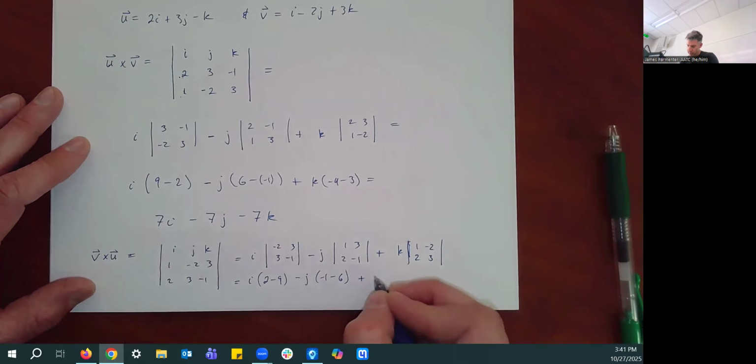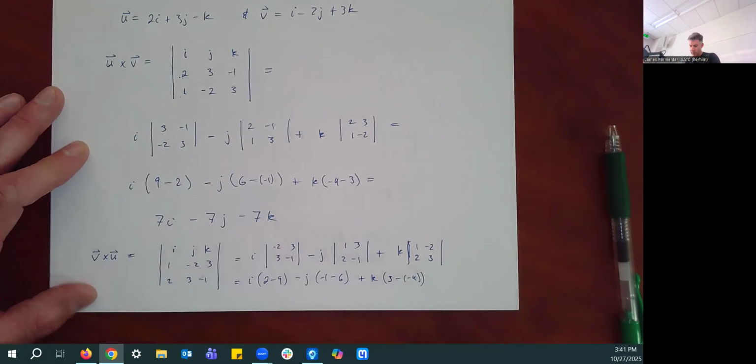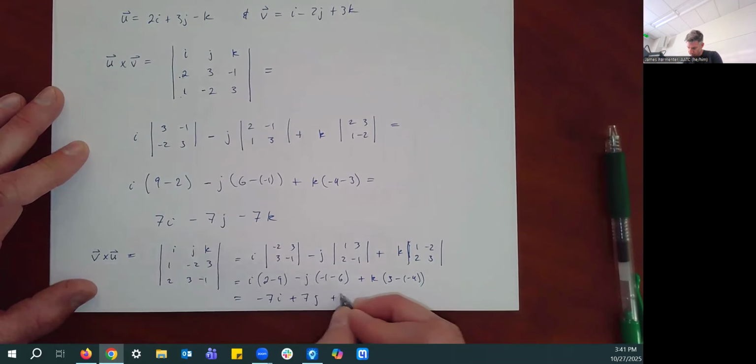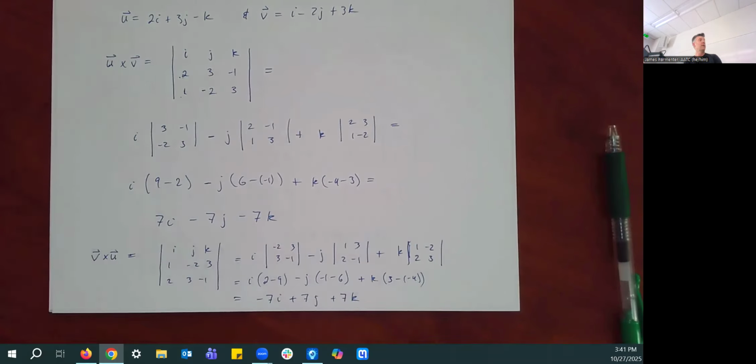And here we're going to get plus K times 3 minus -4 instead of -4 minus 3. So you end up getting exactly -7I plus 7J plus 7K. So now you really can actually see that the cross product is anti-commutative. If you cross product in the opposite direction or order, you get the negative of what you would have gotten.